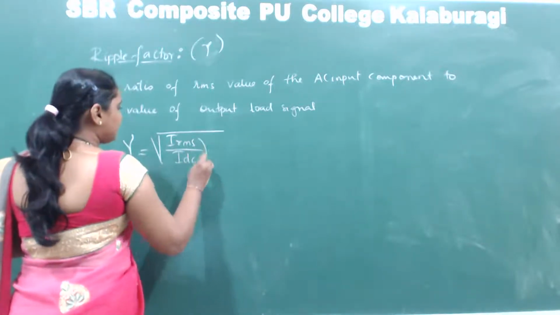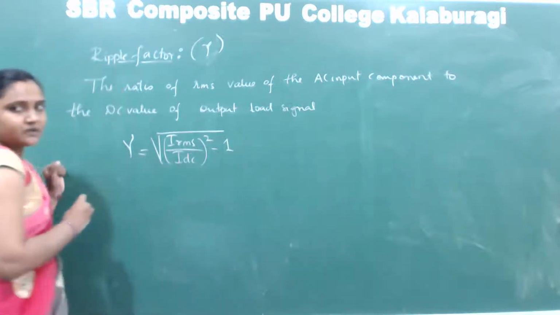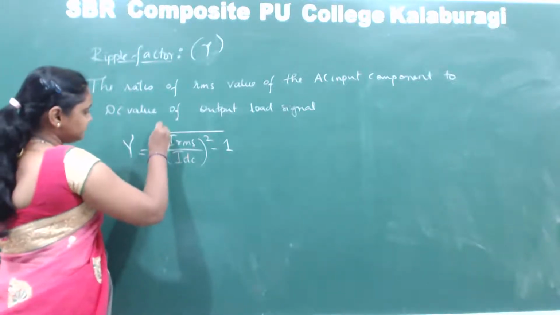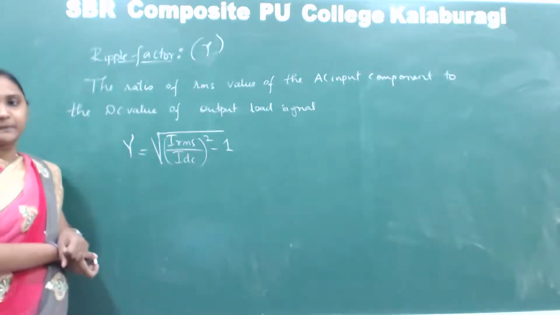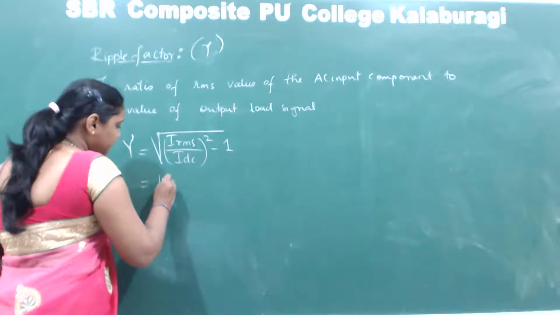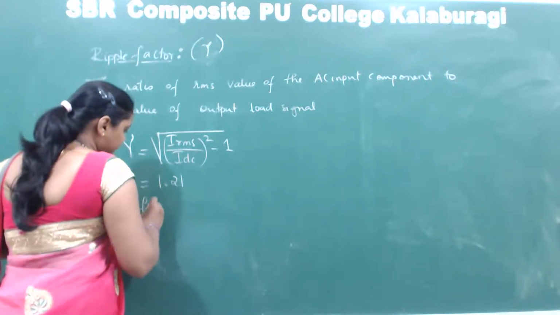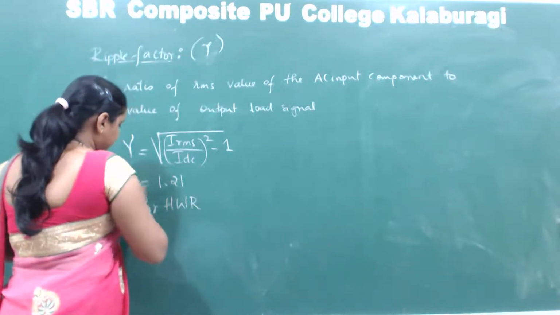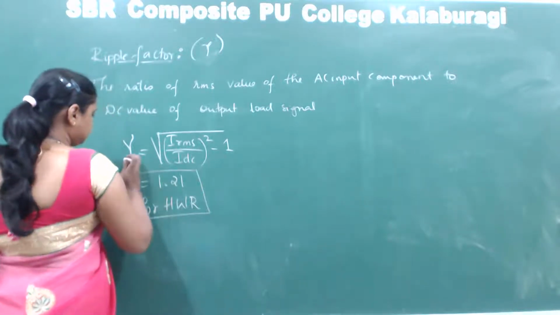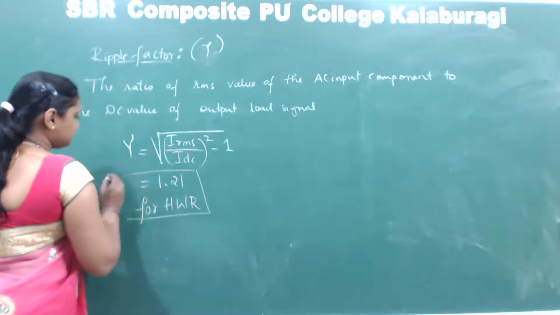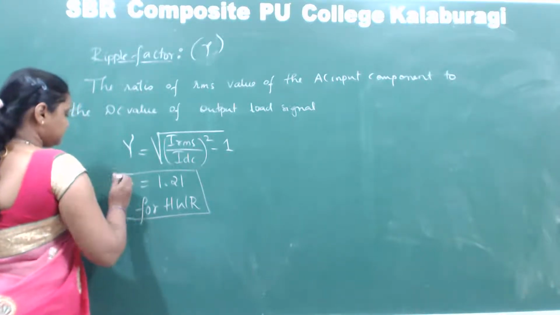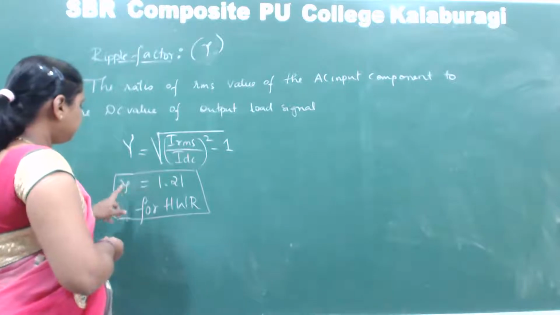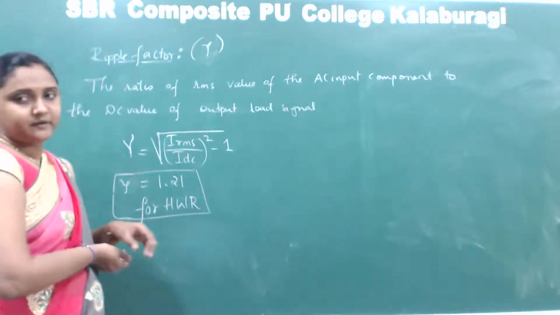So gamma is the square root of (IRMS by IDC) squared minus 1, and its typical value is 1.21 for the half wave rectifier.